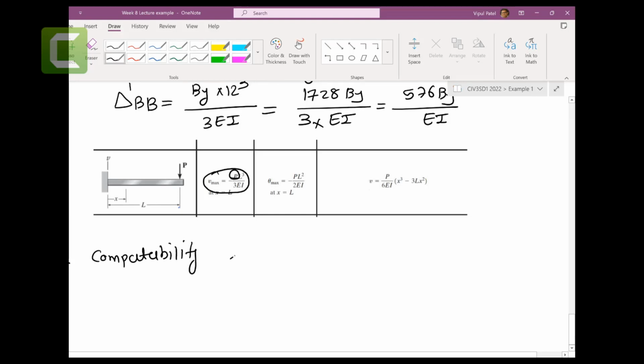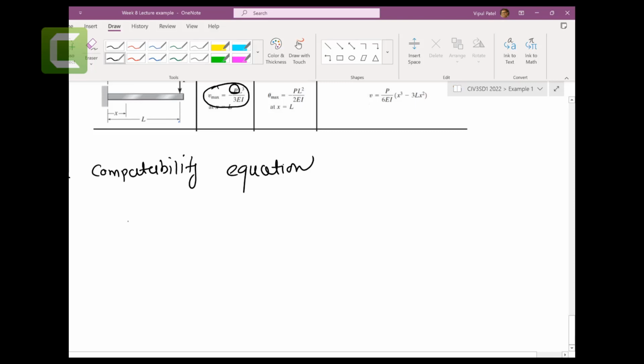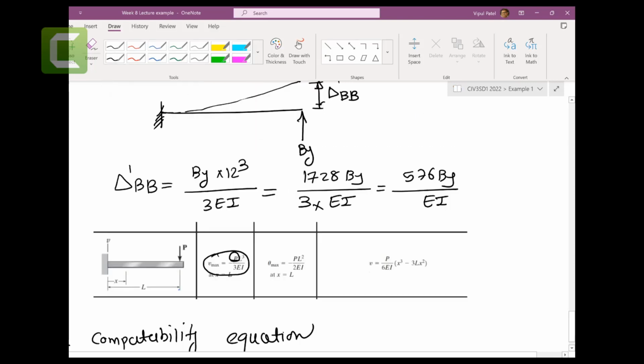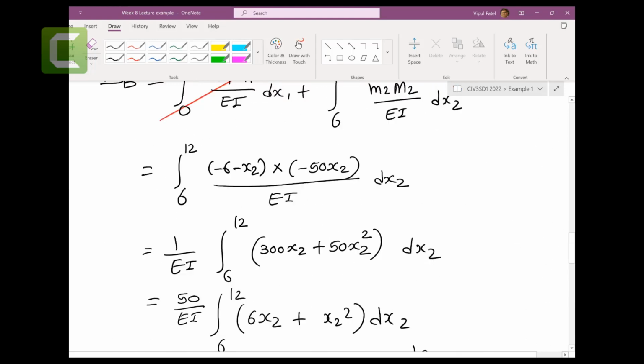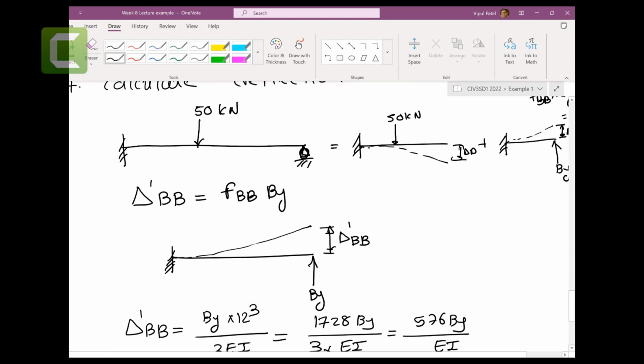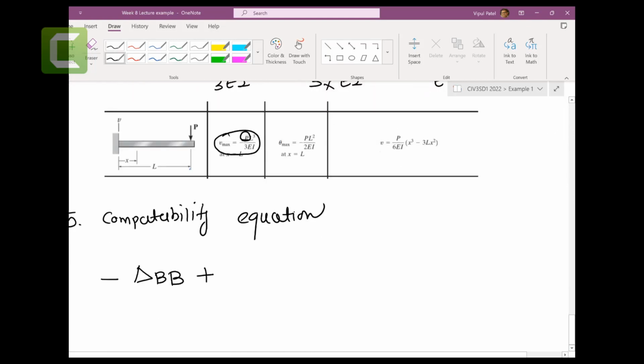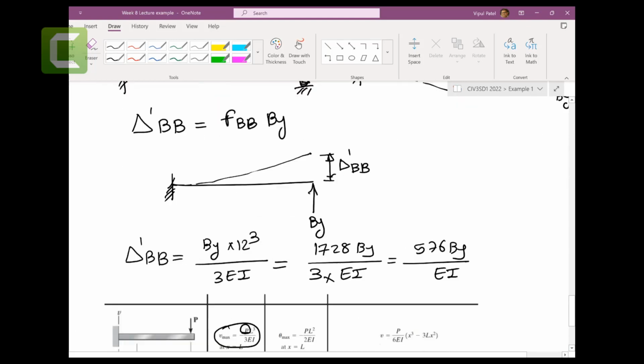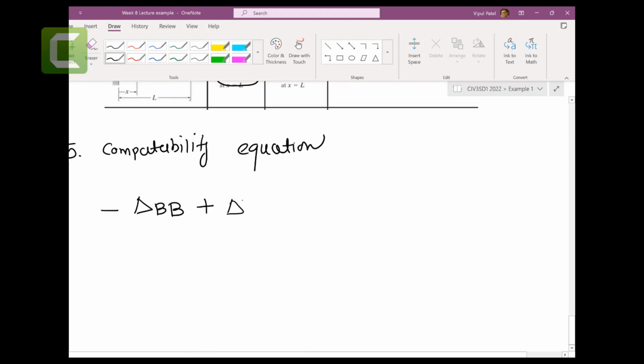Compatibility equations. What are compatibility equations? That delta B, which is going down, right? Delta B going down, by the way, here we put it there, right? So delta B going down, so let's put minus. Delta BB dash going up, so let's put that plus, and that equals 0. Why? Because you understand that, right?